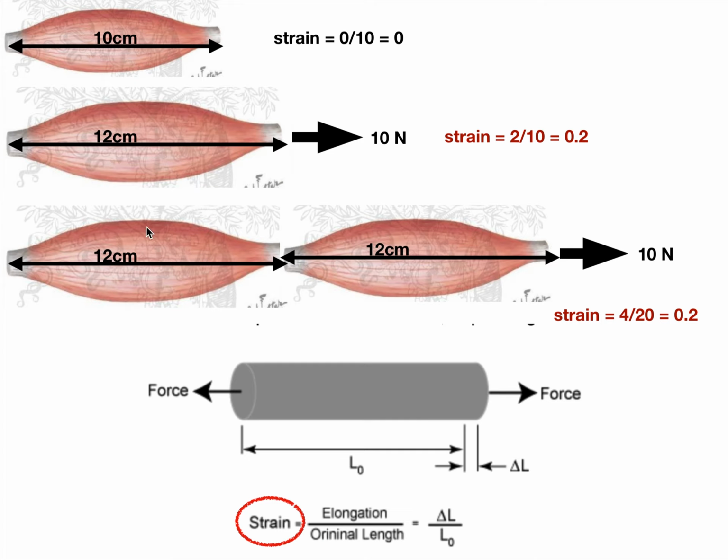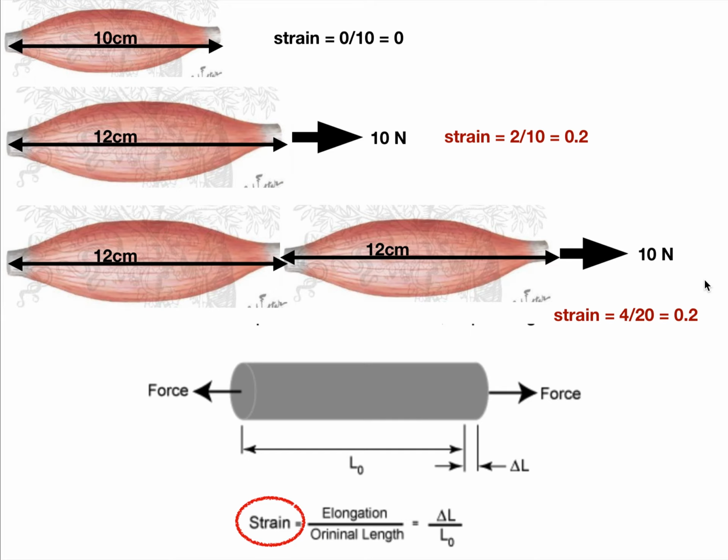So 12 and 12. Totally elongated 4 centimeters. And divide by original length, which is 20 because we put two muscle fibers together, right? And 4 divided by 20 equals 0.2, which is the same as in a single muscle fiber. With two muscle fibers in series, you got the same strain.